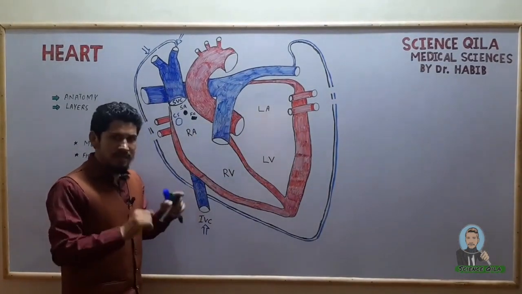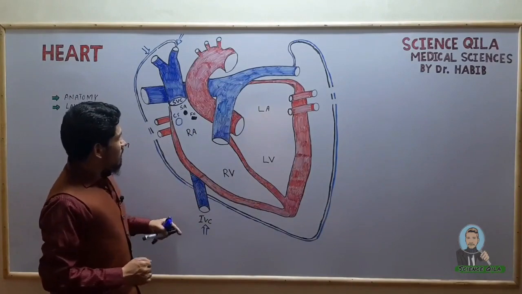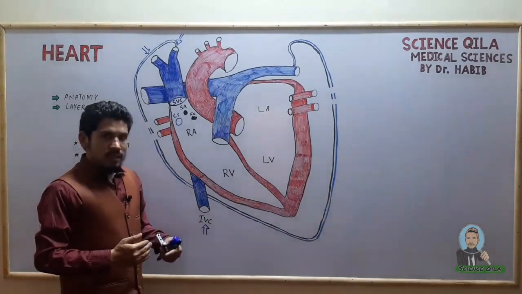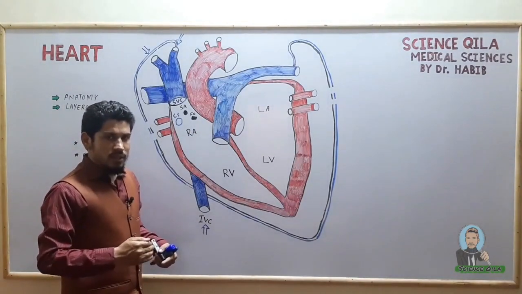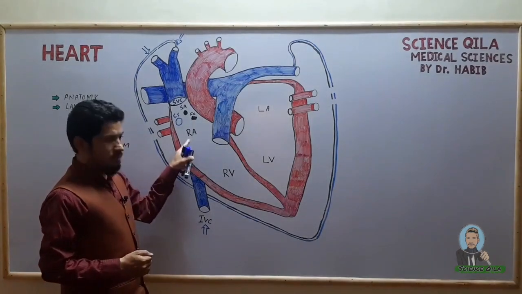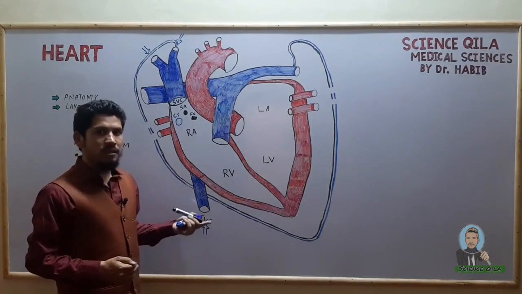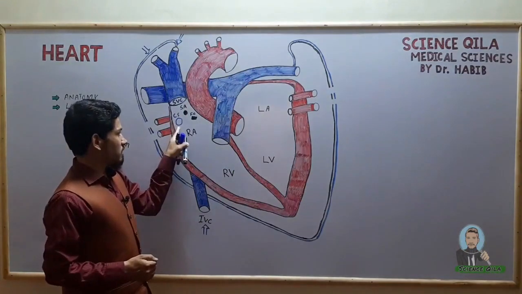So let's recap it now. From all over the body, the blood that has been used will enter into the right atrium through the inferior and superior vena cavas and coronary sinus.